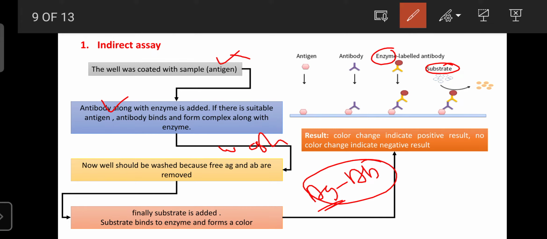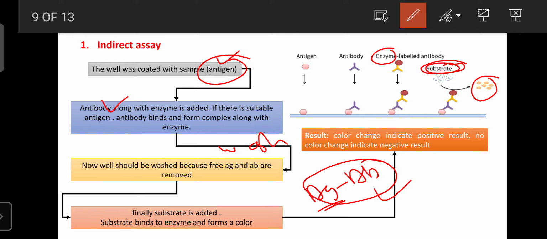If the patient has the antigen, the complex remains after washing. Due to the presence of this enzyme, it can interact with the substrate and form color. If color forms, it indicates a positive test. Like that, the indirect assay is helpful for diagnosing disease. Suppose the patient does not contain any antigen, so antigen is absent. If you add the enzyme-linked antibodies, then, lacking antigen, the antibody cannot form the complex.